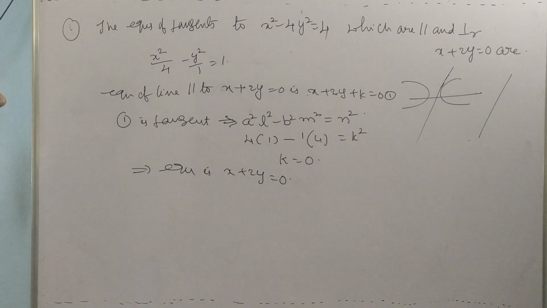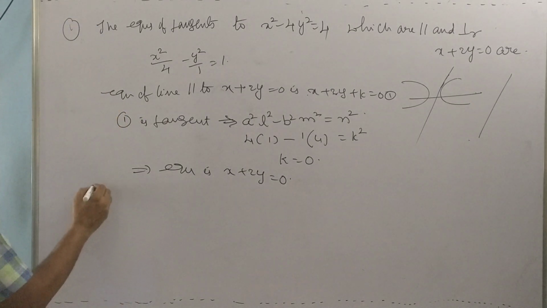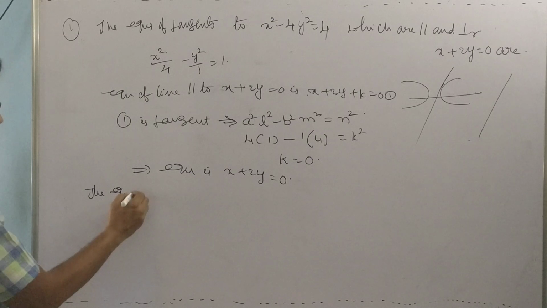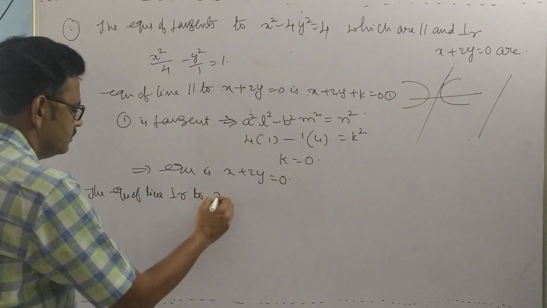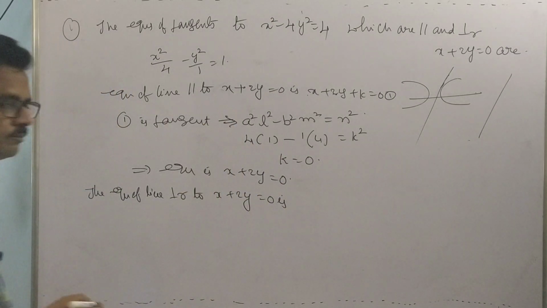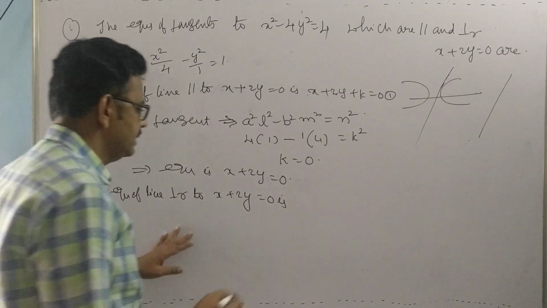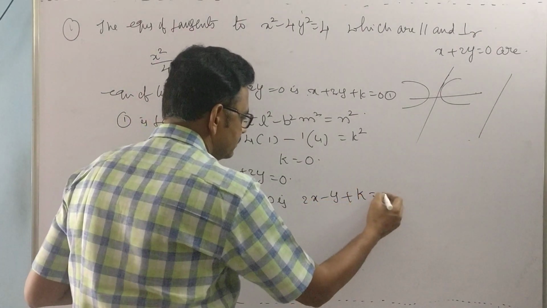Next one, the equation of line perpendicular to x plus 2y equal to 0 is 2x minus y plus k equal to 0.